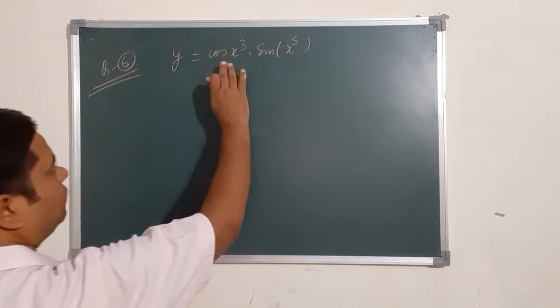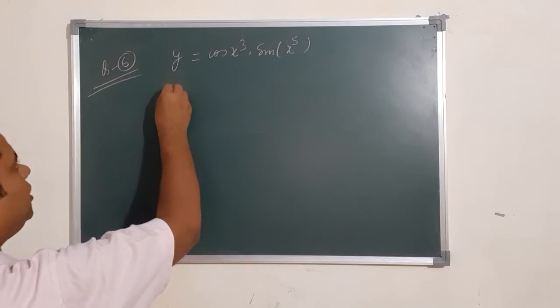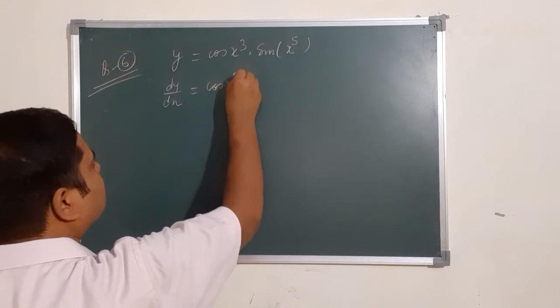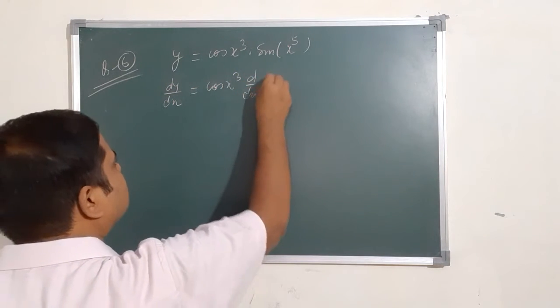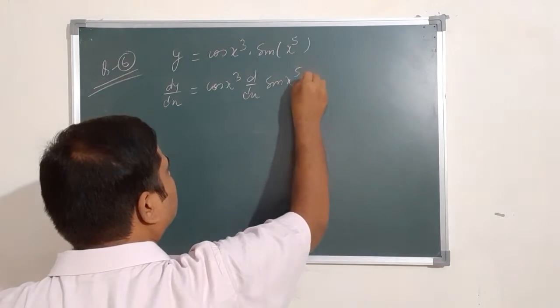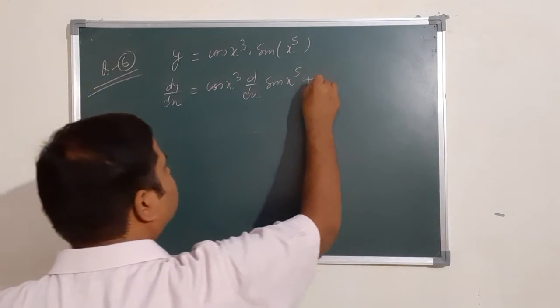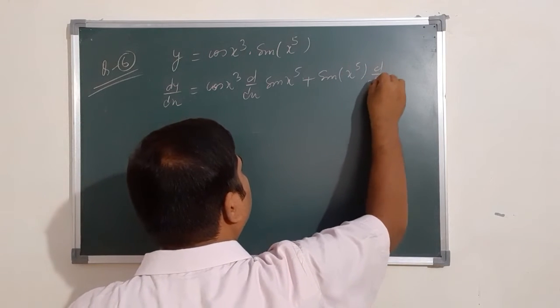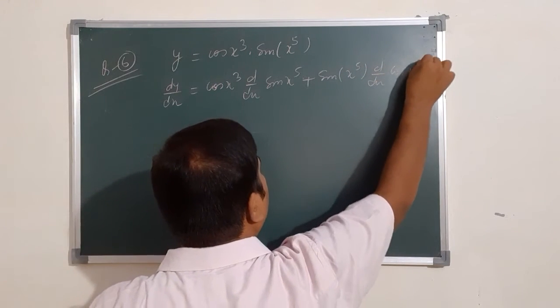So first of all, we use the product rule. So dy by dx is nothing but first function d by dx of second function, plus second function d by dx of first function.